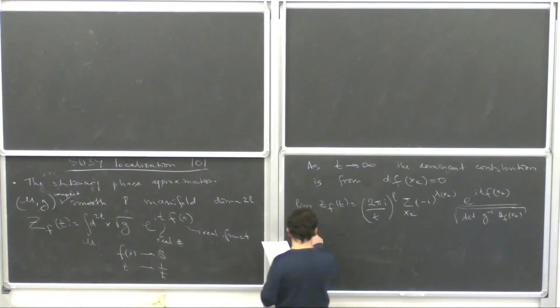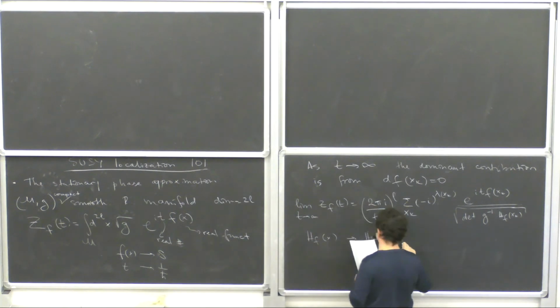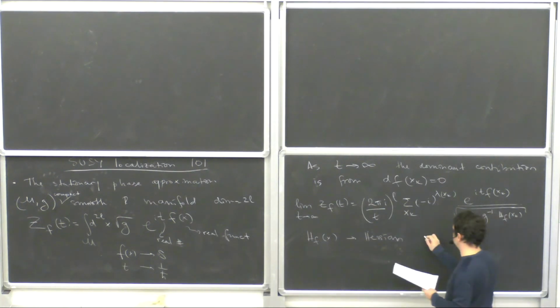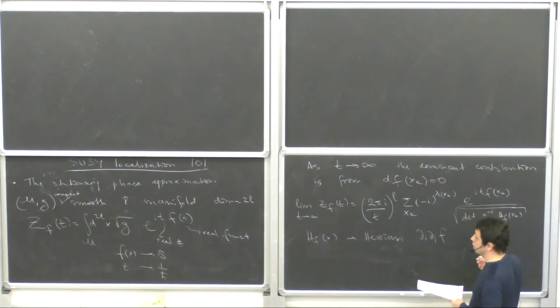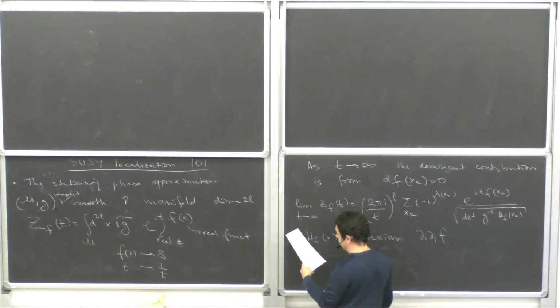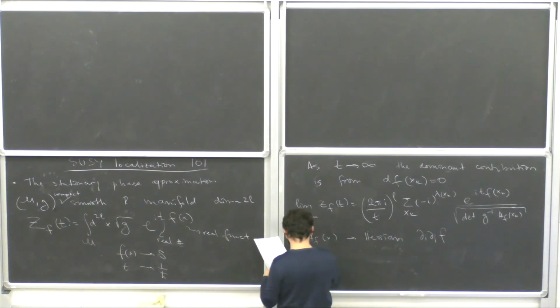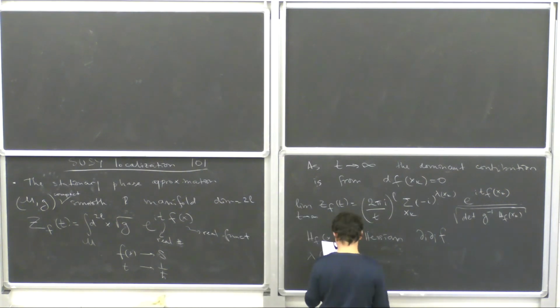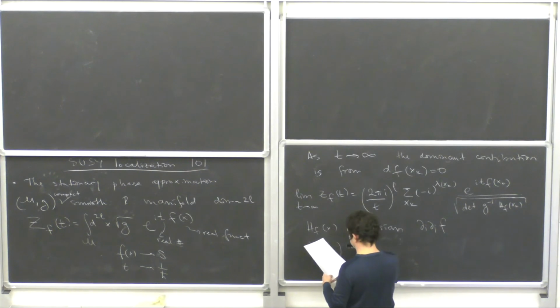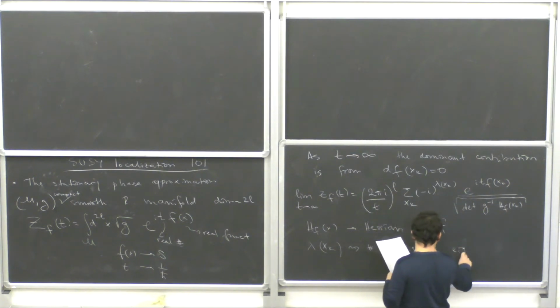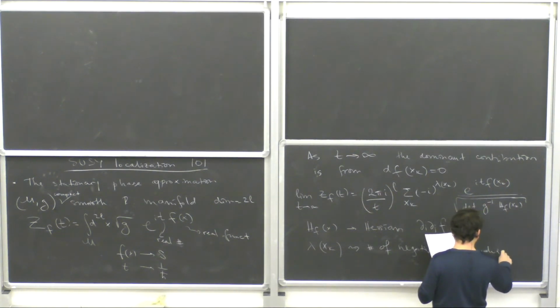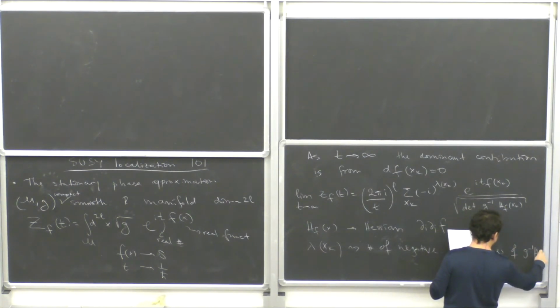So H_f of x is the Hessian. The Hessian is the matrix of second derivatives, so it's this matrix. g is the metric, and this is a determinant, and then lambda has a fancy name related to Morse theory, the Morse index of the fixed point, but it's essentially the number of negative eigenvalues of g to the minus 1 H_f.